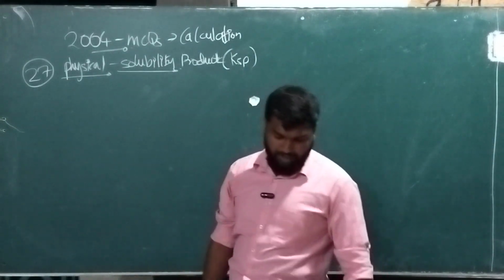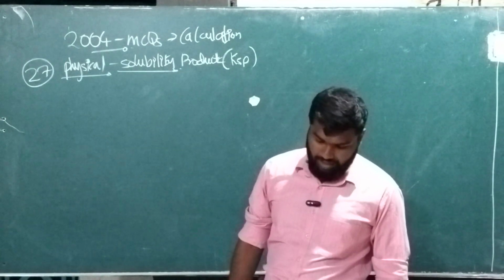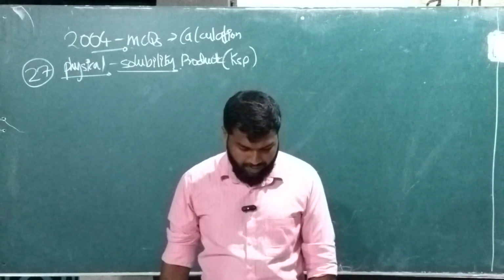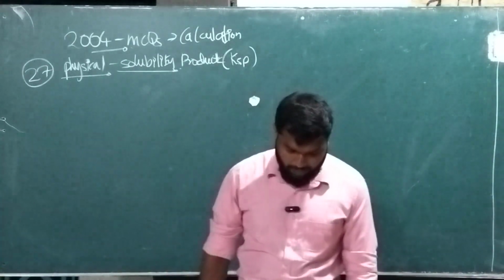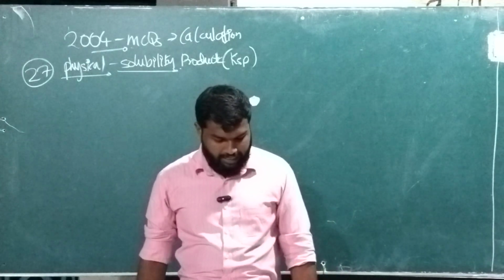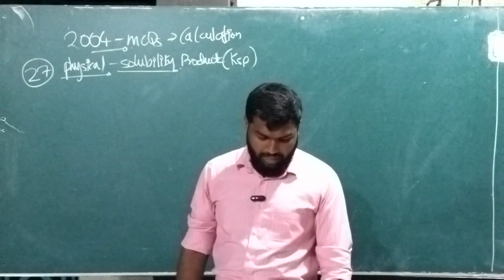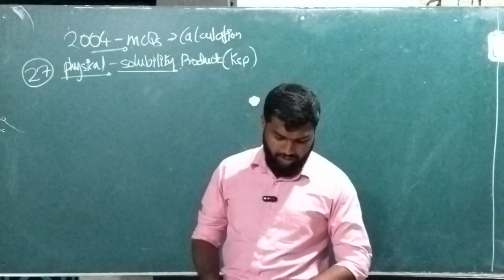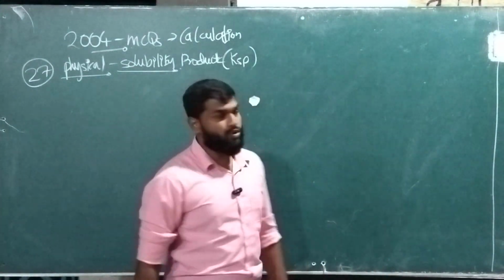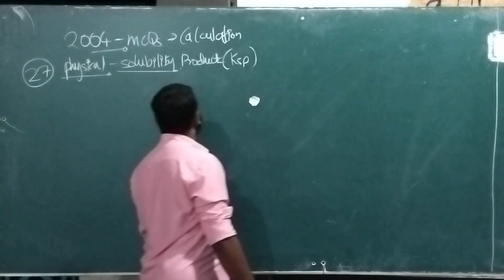The solubility product of ionic hydroxide MOH twice at room temperature is 5 × 10 to the power minus 10 mole cube decimeter minus 9. What is the OH minus concentration in mole decimeter minus 3 of a saturated solution of MOH twice at room temperature? Okay.